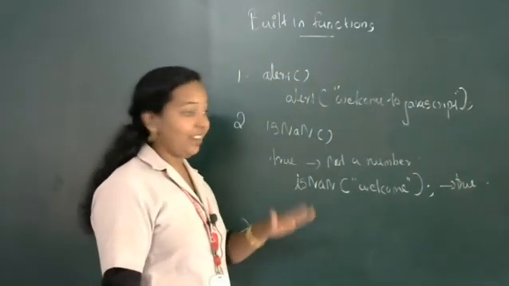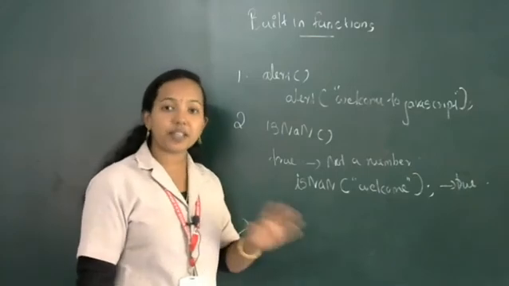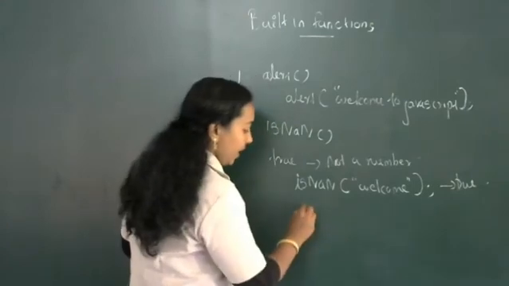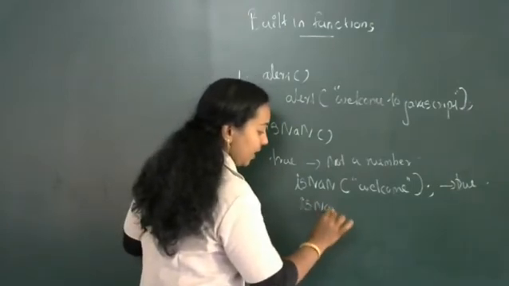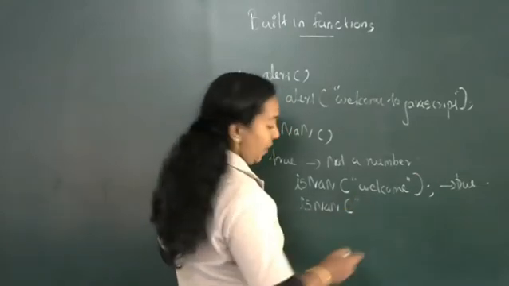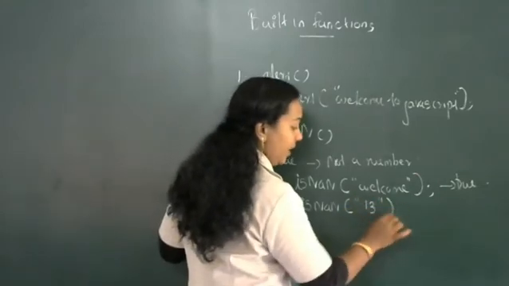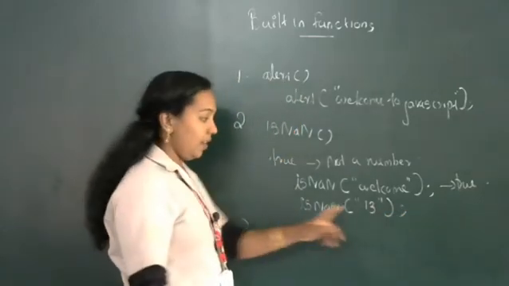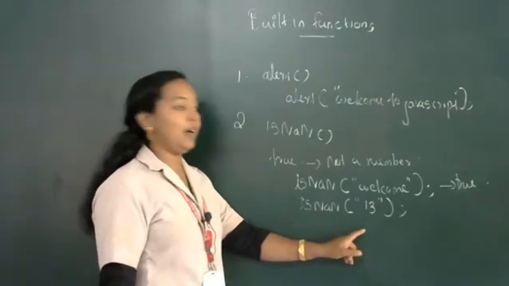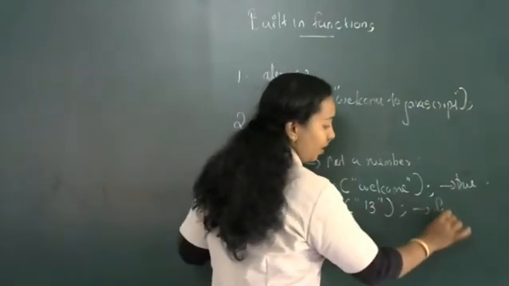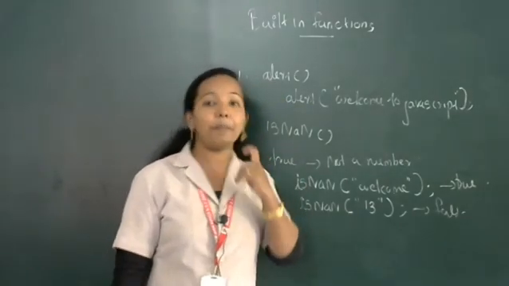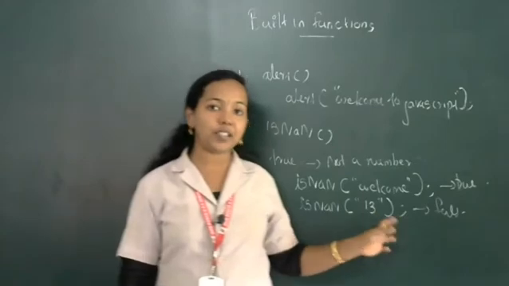Then we can write another example: isNaN of "13" inside double quotes. What is this 13, a character or a number? This is a number, so it will return a false value because the entered input is a number.